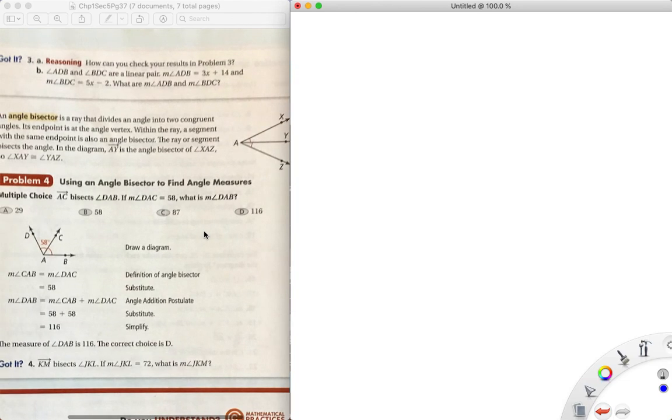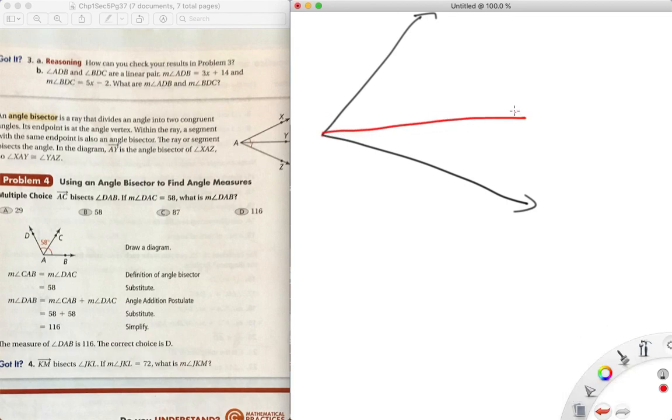Angle bisector. So I have an angle, and I have this other ray such that it cuts the angle completely in half. So this guy, not to scale, and this guy are the same. So angle 1 and angle 2.